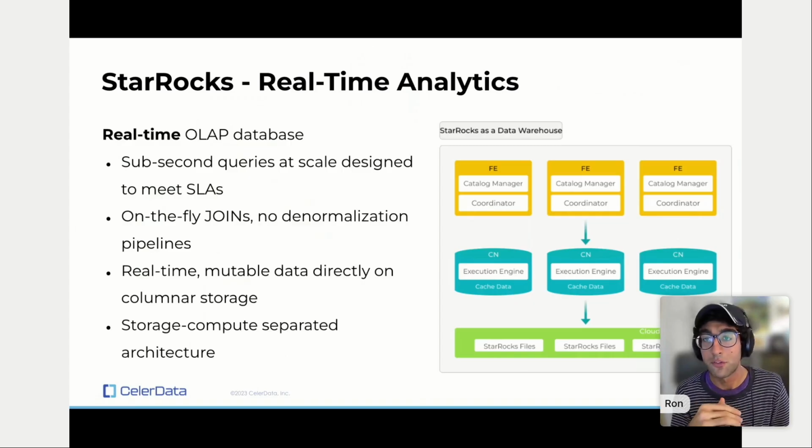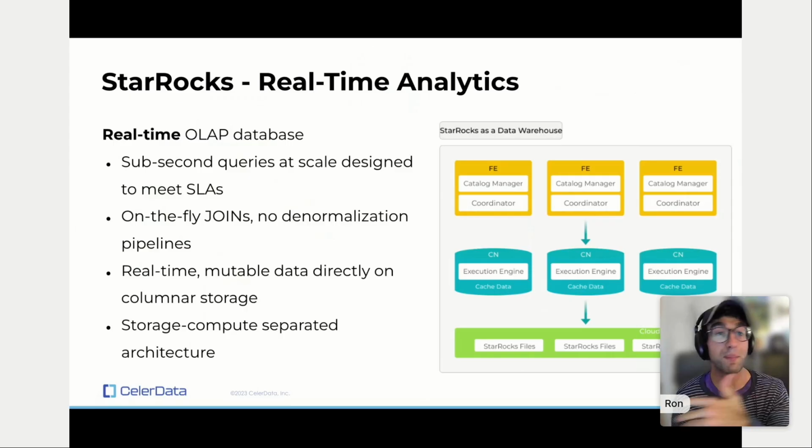A lot of folks are out there normalizing their data, exploding, data explosion, disk explosion. We're not about that. Real-time data, mutable directly on columnar storage, SIMD optimized in a storage compute separated architecture. So just to introduce us a little bit, that's who we are and where we operate in the space.